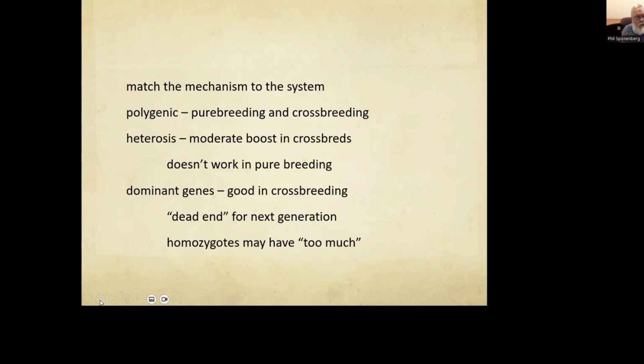And the problem with these genes is a lot of times when they double up, so when the animal has two copies of the genes, they may have 4 or 5 or 6 lambs, and that's going to be too many for most systems. And so you want to pull that back. This can actually be useful in crossbreeding where all of the ewe lambs only have one copy, but that's going to be a dead end. Those ewe lambs are going to be useful, but not to retain their lambs for breeding.